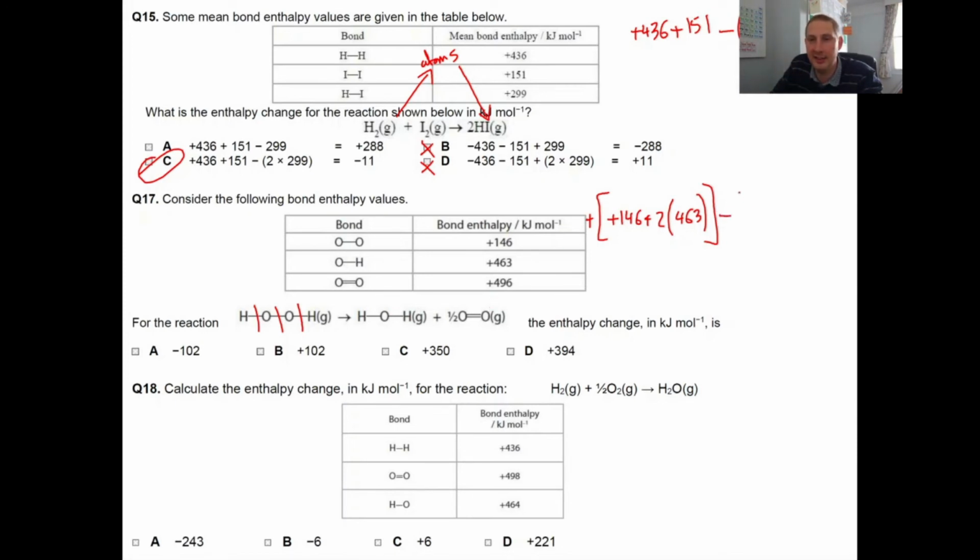So it's minus whatever's in this bracket, which is, again, two lots of 463 and half an O2. So that is half times 496. I'm just going to take the shortcut, which is that they're the same. So essentially it's 146 minus half of 496.